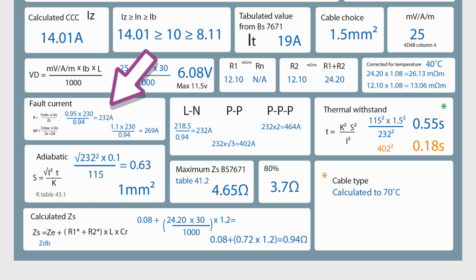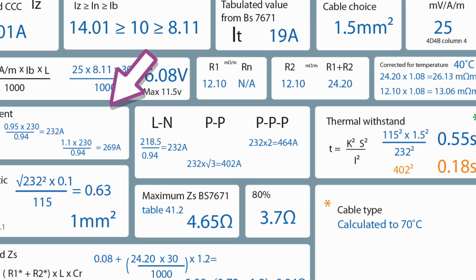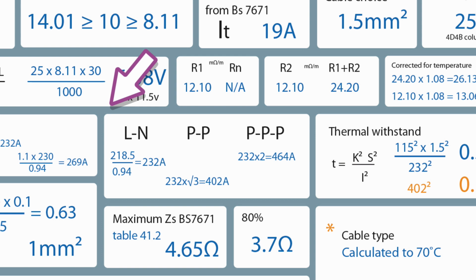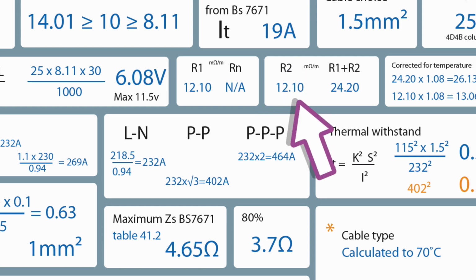Or is it? This is our fault current line to earth. We could have a fault current line to neutral, we could have a fault current phase to phase, or we could have a fault current across all three phases. This being SWA, the CPC is the same size as the neutral, but the CPC in twin and earth has generally got a smaller cross-sectional area than the live conductors. Or you could be using the armour of the cable as a CPC, or indeed you could be running a separate CPC entirely.